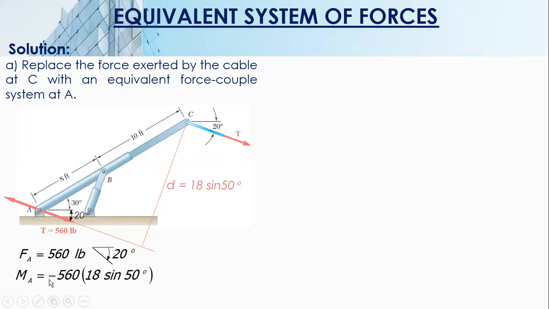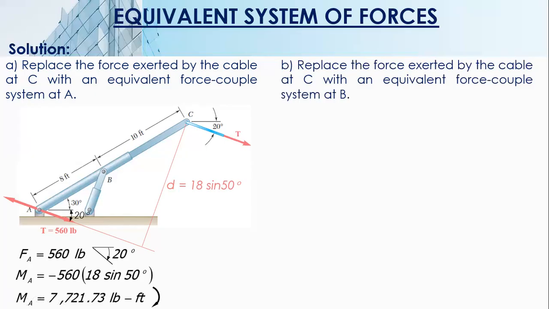Force times distance. Negative because it is obvious that the direction is clockwise. And we get the final value: 7,721.73 pounds feet, clockwise because it is negative. So, this is the equivalent system at A, equivalent to the original system.